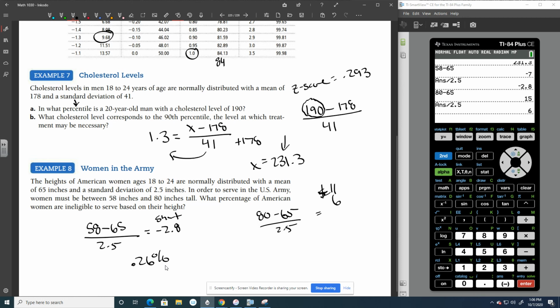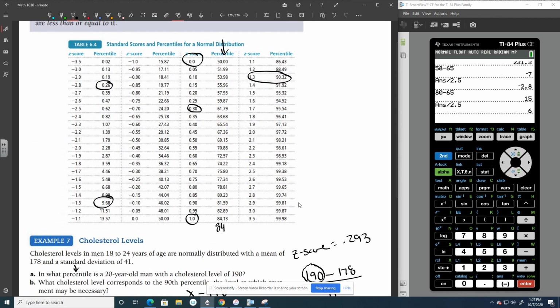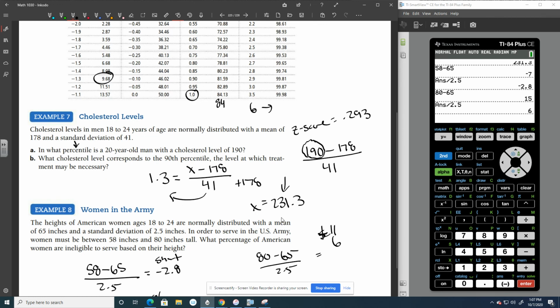Now, for those that are too tall, if I look at a z-score of 6, look, that's not even on the chart. And that's because there's not very many people that are going to be that tall. 80 inches, that's a really tall human right there, right? That's a 6'8" person.